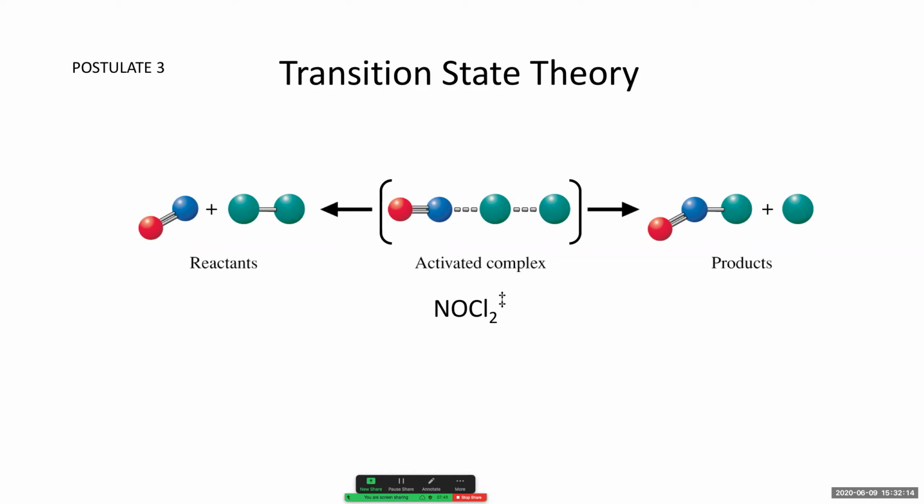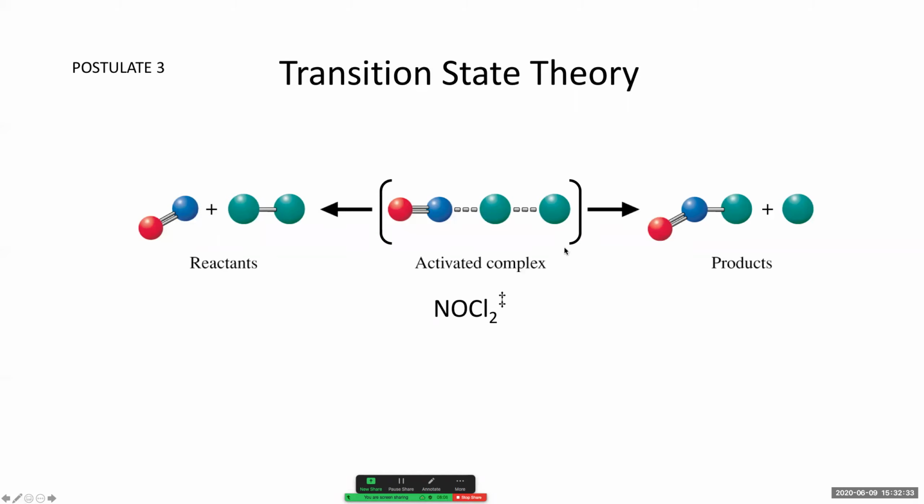Postulate 3 has to do with the enough energy for the reaction to occur. So this is a schematic that shows, again, with nitrogen monoxide and chlorine, that when they collide, if they collide with enough energy, there's a complex form. It's called the activated complex.